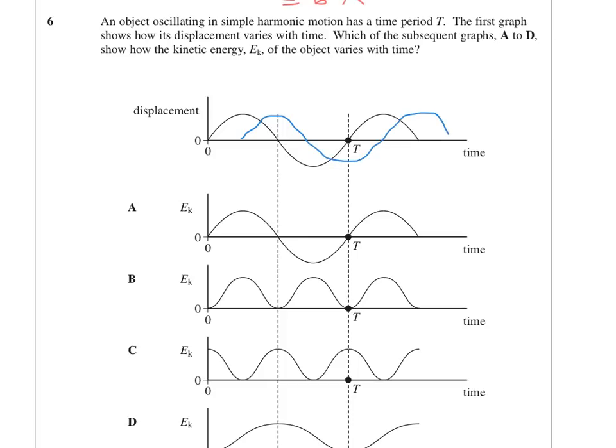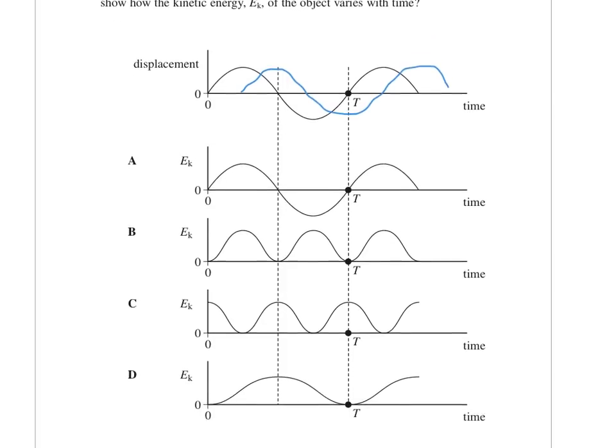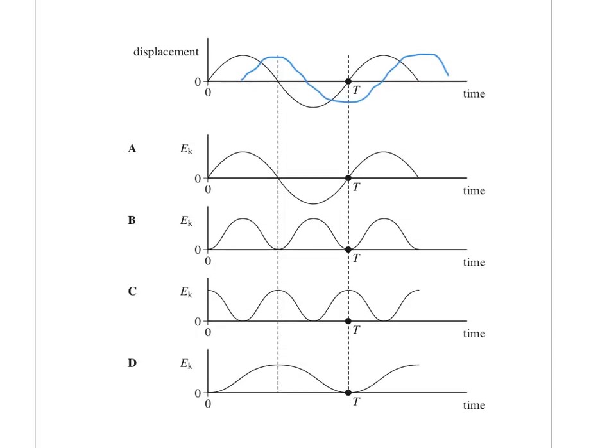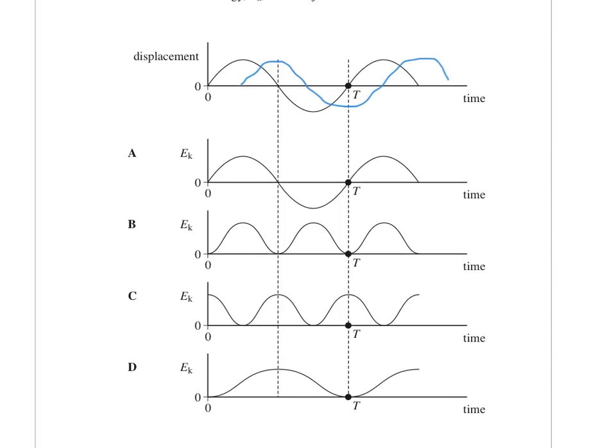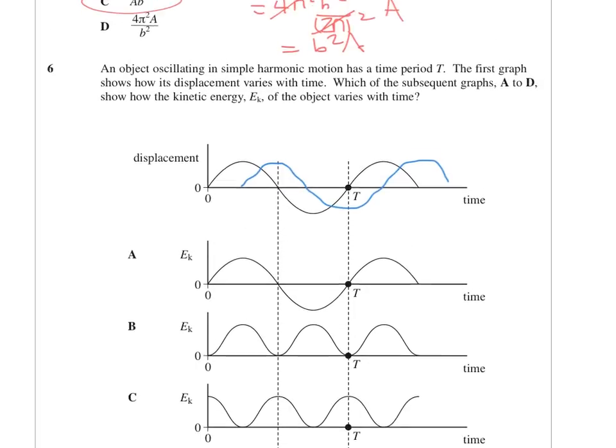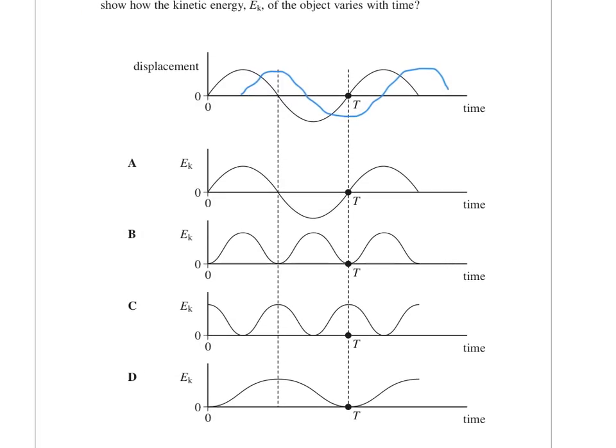So that's your velocity graph, and you'd expect the kinetic energy graph to map the velocity graph, which is going to be option C down here. So we can see it matches up with the velocity which I've sketched on there. So option C.